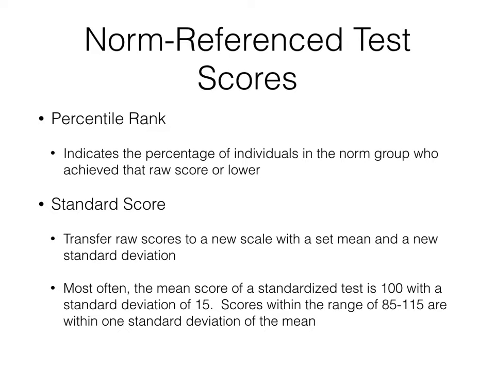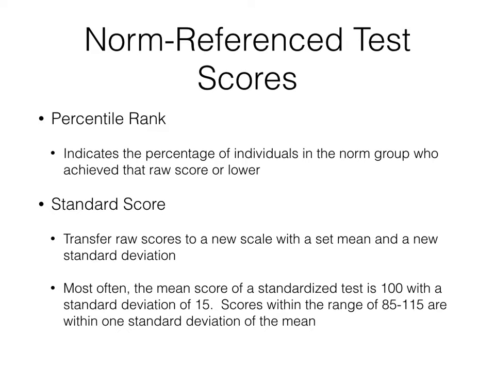But for now, just be aware that a percentile rank really just describes the percent of individuals who took the test and achieved a score lower than this individual. So if you performed at the 95th percentile on an achievement test, it means that the score that you got is a higher score than 95% of people the same age as you got on the test. So hopefully that makes sense.